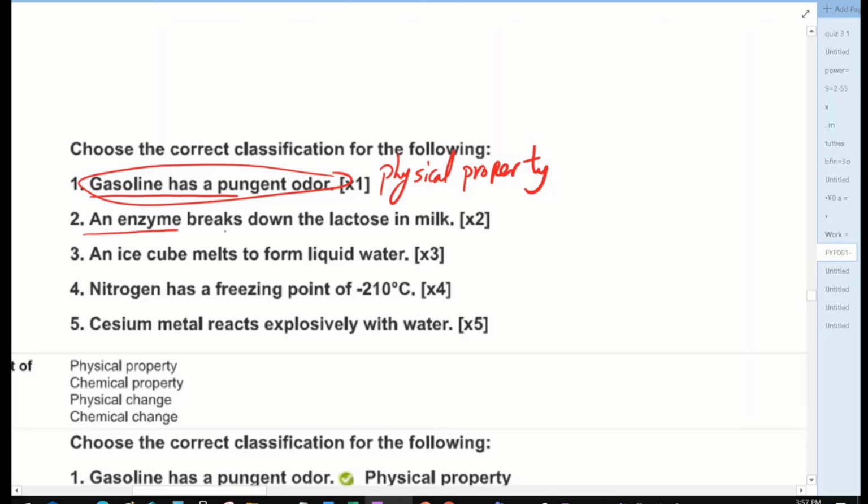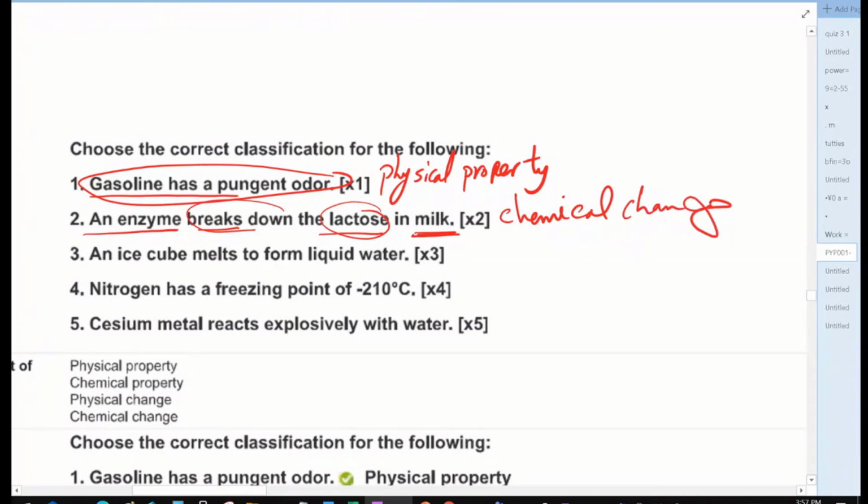An enzyme breaks down the lactose in milk. So there is an enzyme. It breaks down the lactose in milk. Chemical. Chemical what? Property or a change? Change, I think.